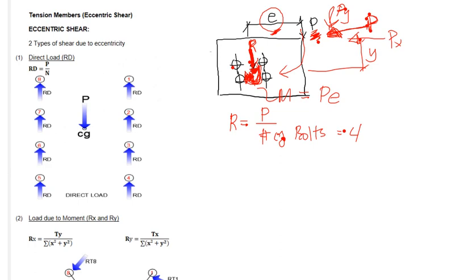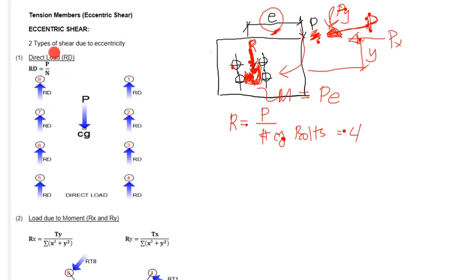So, when we have here direct loading, yung P natin is nasa gitna ng ating centroid ng group of bolts. So, yung direct loading natin is just equal to P over N. So, yung P, yung load natin, over N, yun yung number of bolts.